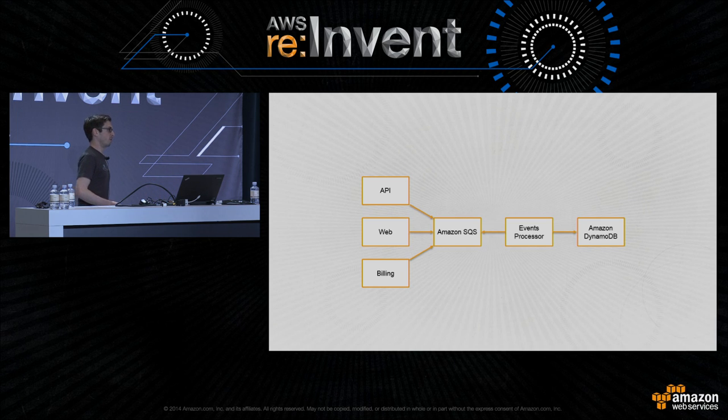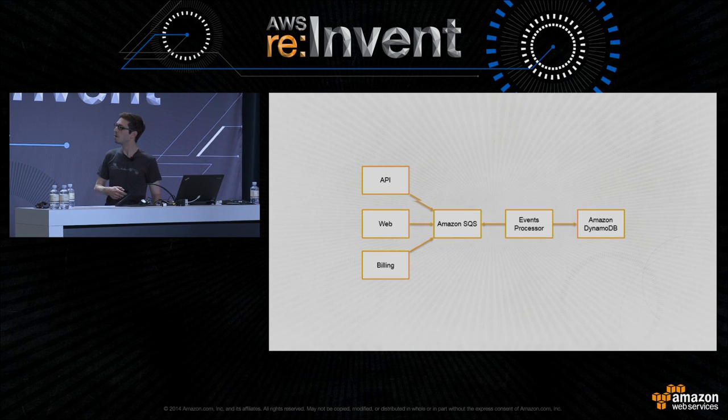And if the insert fails for whatever reason, let's say that you exceed the provisioned throughput or there's some other failure, to handle that, we just don't delete that event from SQS. And then the next time the processor runs, that event will come back and we will reattempt the insert. And so we handle that gracefully there.